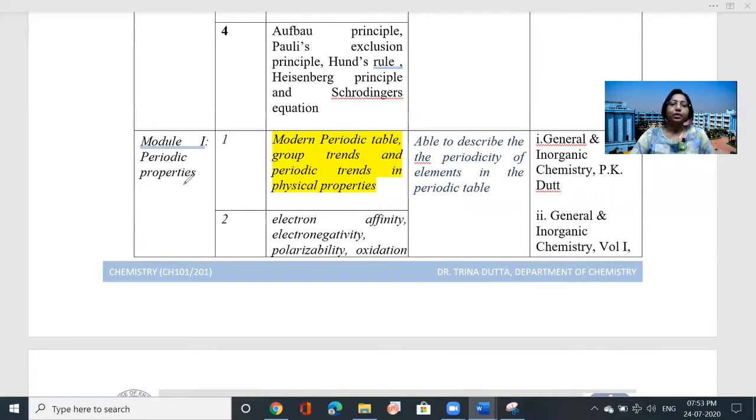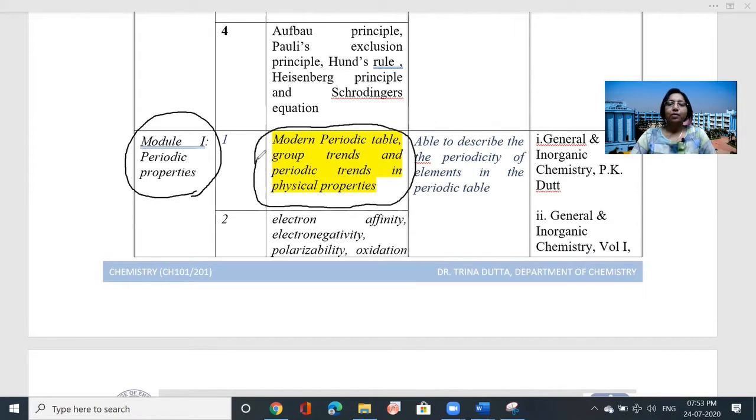From the name you can understand that as per the periodic table, we will learn the properties of the elements. Today's first lecture is the modern periodic table, group trends and periodic trends in physical properties.